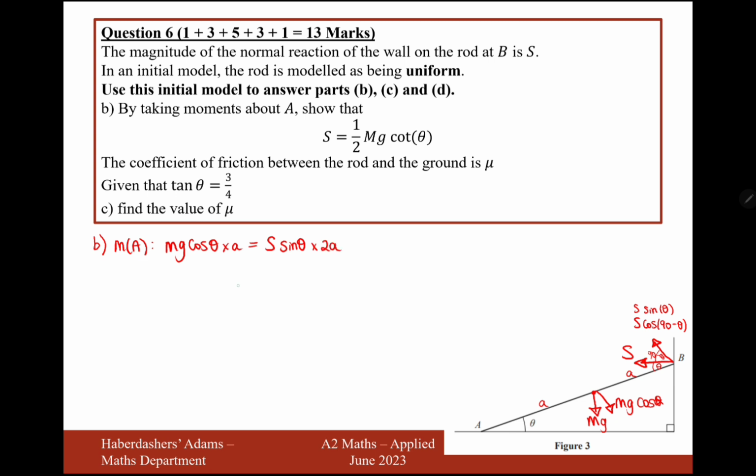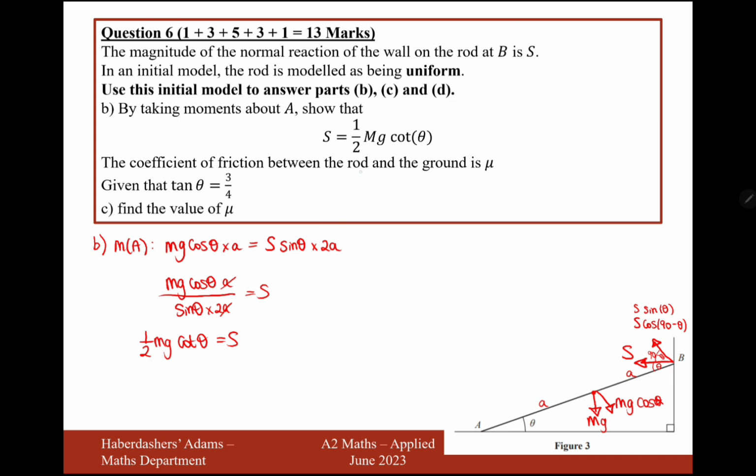Okay, so let's divide the sine and the 2a onto the other side, and that gives us mg cos theta times a, all divided by sine theta times 2a, is S. Now if we simplify the cos over sine, we get cot. The a's cancel, and then we've got the half at the front, so it's half mg cot theta is S. Excellent, so there we are, that's proved part B.